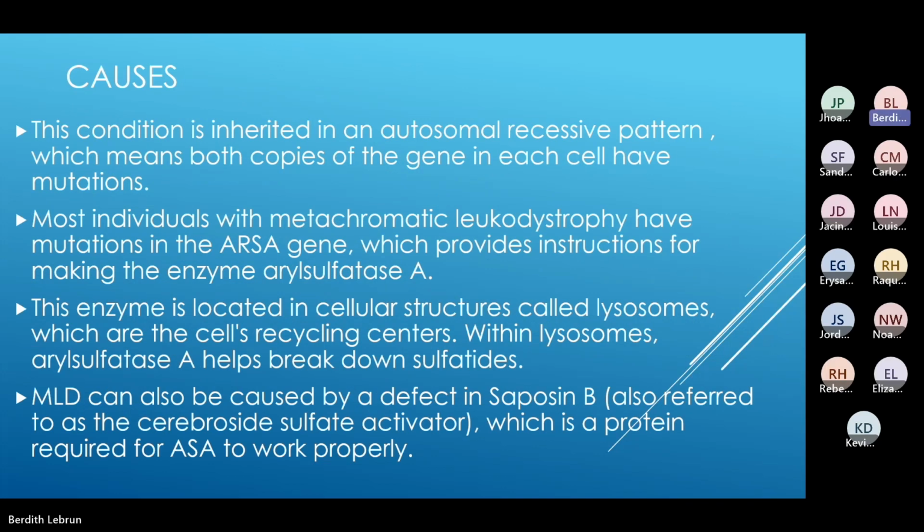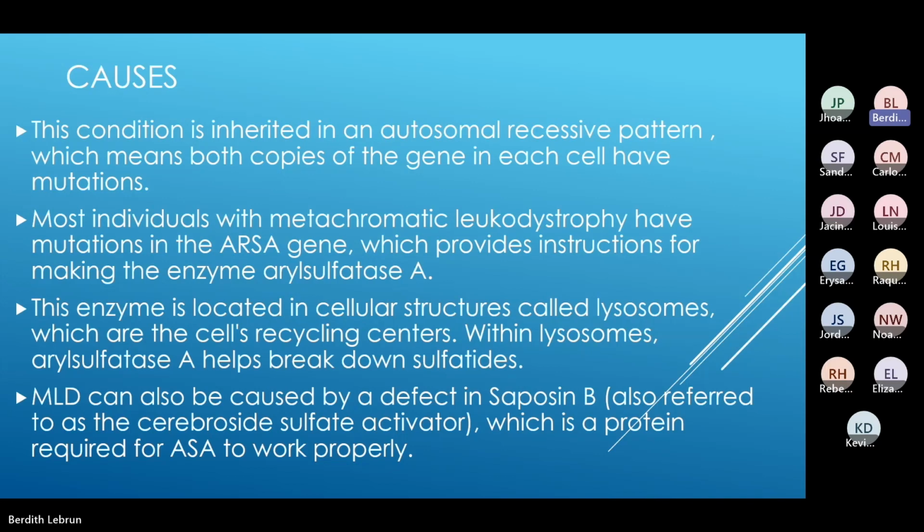So, how does this happen? This condition is inherited in an autosomal recessive pattern, which means both copies of the gene in each cell have a mutation. Most individuals with metachromatic leukodystrophy have a mutation in the ARSA gene, which provides instructions for making the enzyme arylsulfatase A. This enzyme is located in cellular structures called lysosomes, which are the cell's recycling center.